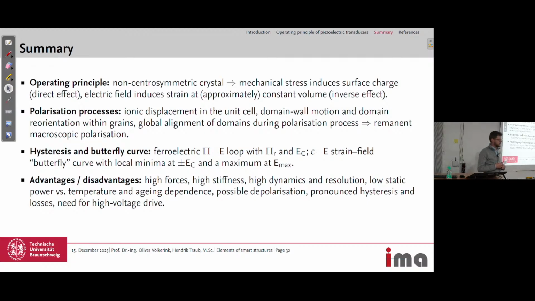I think if I get your question right, then you can dope these piezoelectric materials with different elements, and this leads to soft or hard piezoelectric materials. So the hysteresis curve would shift or increase its slope depending on the doping, because then the domain wall motion is easier or harder, so to say.